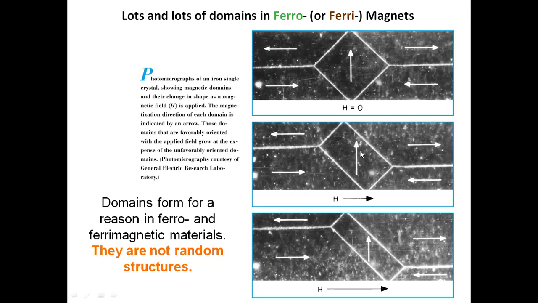So domains form in ferromagnetic and ferrimagnetic materials. They are not exactly a random structure.